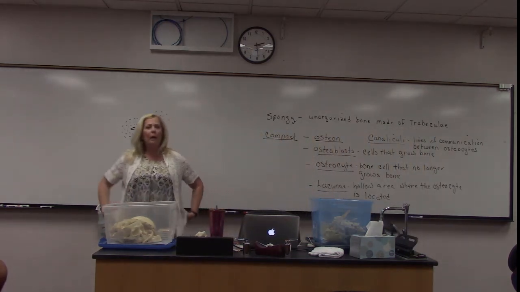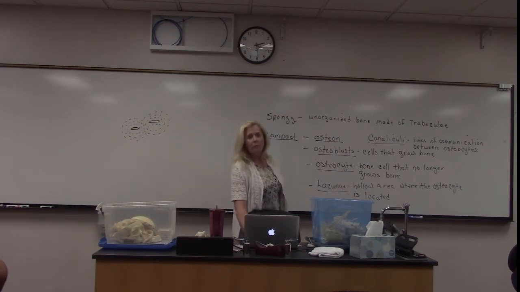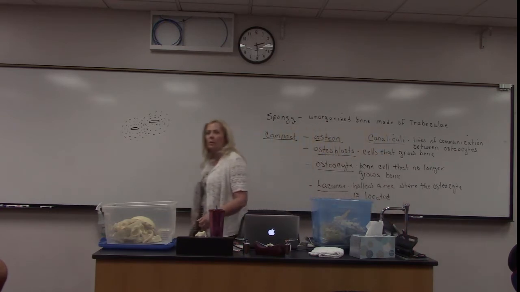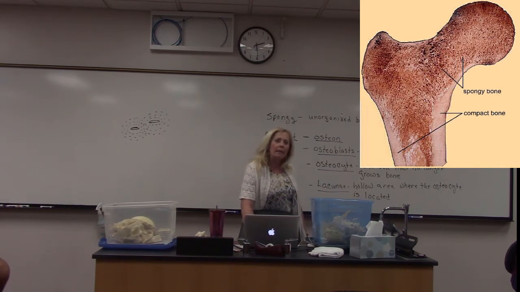The trabeculi are little pieces of bone that come together to help form the spongy bone. This is a picture of the inside of the head of the femur, and all of this in the head of the femur is spongy bone, and it really does look like it's made out of sponge. On the outside here, this is the thicker bone, all compact bone.